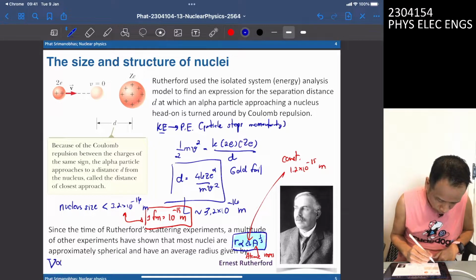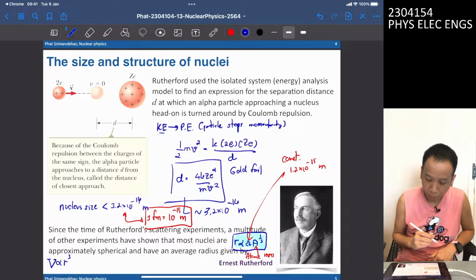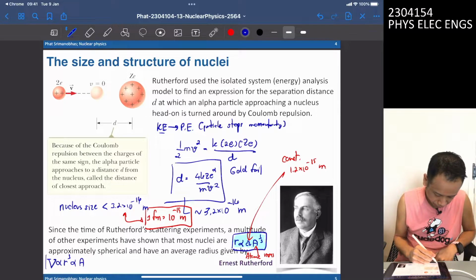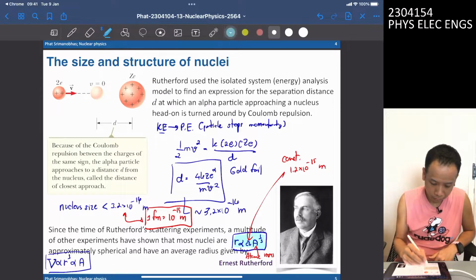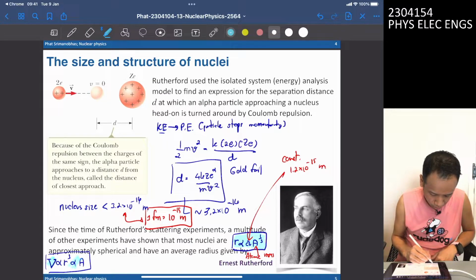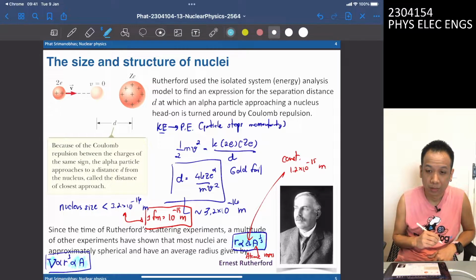So V is basically proportional to r cubed, which means it's proportional to A. The volume of the nucleus is proportional to the atomic mass.